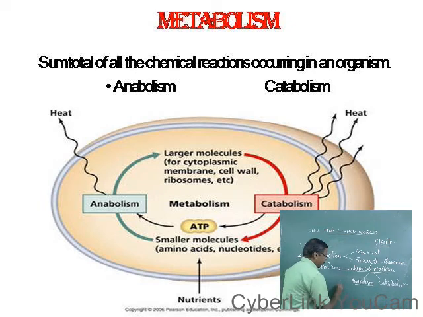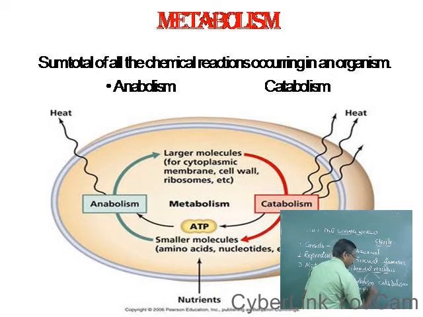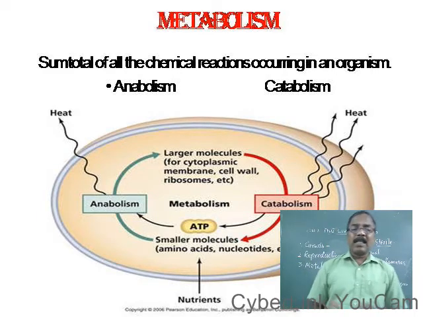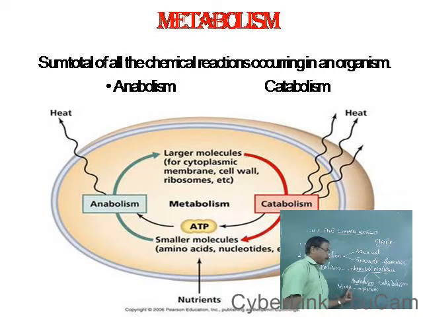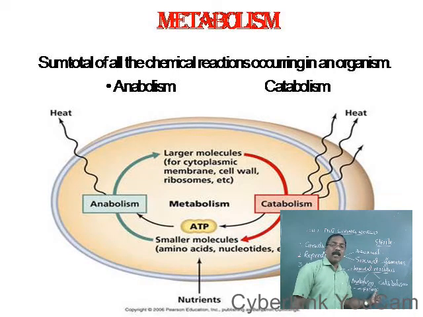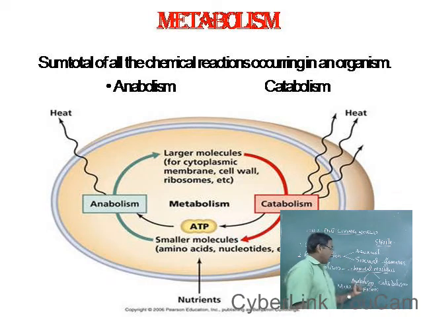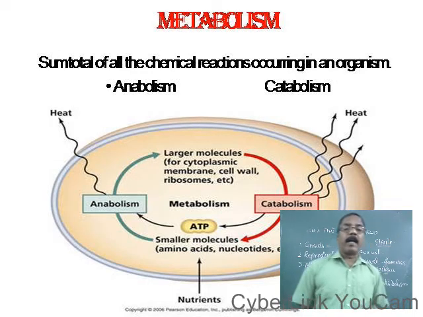For example, in our body, we make use of amino acids to make respective proteins required for body functions. This is a chemical reaction in which smaller amino acid molecules are used for making large size protein molecules. Reactions involving the synthesis of larger molecules using smaller ones are called anabolic reactions.